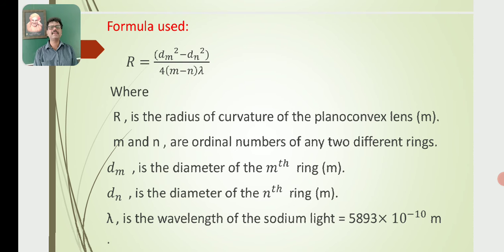M and n are ordinal numbers of any two different rings. Dm is the diameter of the mth ring. Dn is the diameter of the nth ring. Lambda is the wavelength of sodium light used. Its value is 5893 into 10 power of minus 10 meter.